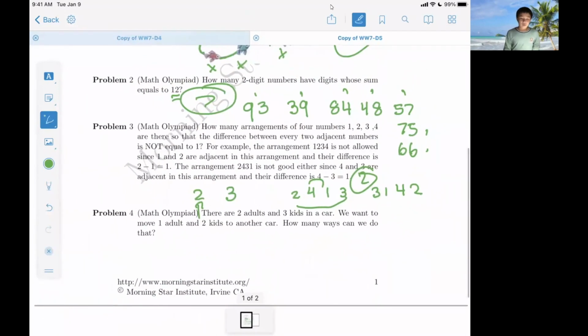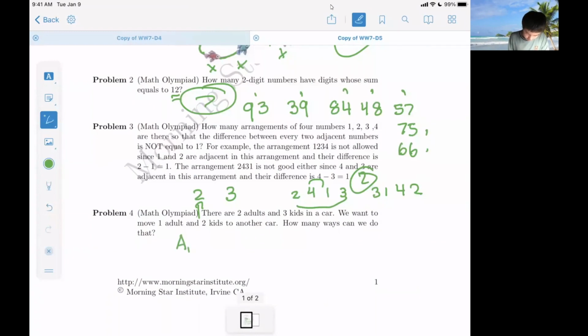For problem number 4, there are 2 adults and 3 kids in a car. We want to move 1 adult and 2 kids to another car. How many ways can we do that? So 2 adults, we can call that A1 and A2. We call the 3 kids K1, K2, and K3. There are 2 cases.